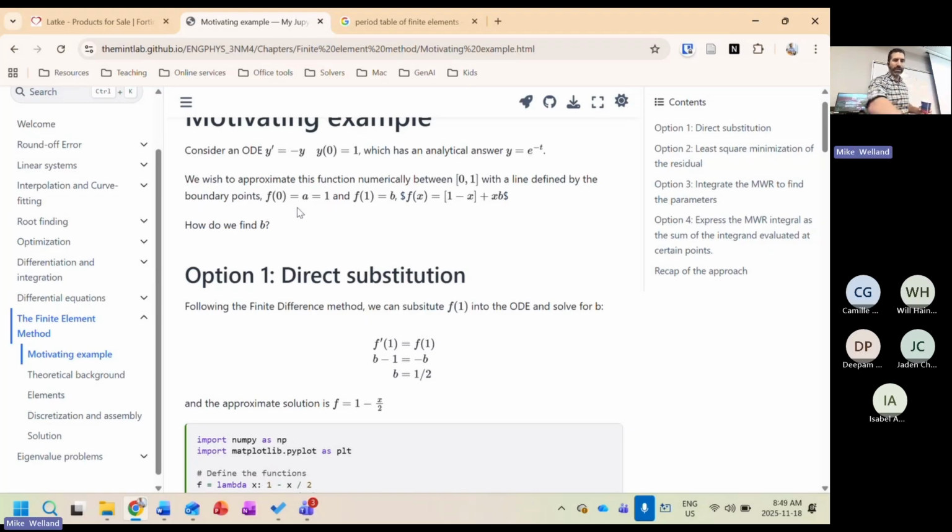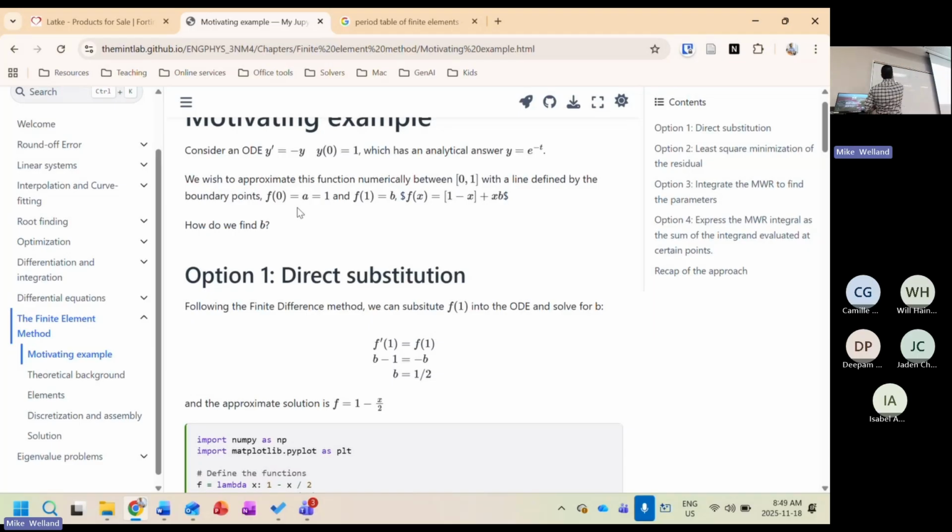Okay, and what we're going to do is, we know f at 0, call that time, is 1, right? And we know our analytical solution should be something like that.